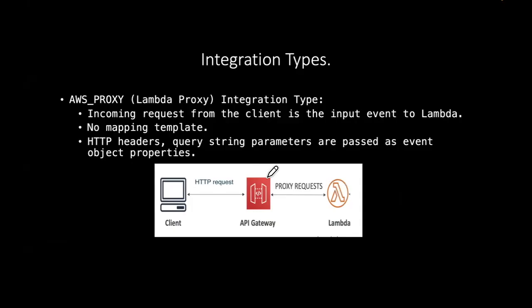And API Gateway knows how to do that without you having to describe it by means of a template. Which is fortunate, really, because if we had to write templates for this, it wouldn't be much fun. So when we set this integration type, API Gateway knows what to do to do the transformation both inwards and outwards, because the response that comes back from the Lambda is going to be a JSON structure, and that needs to be converted into some sort of HTTP compliant response.